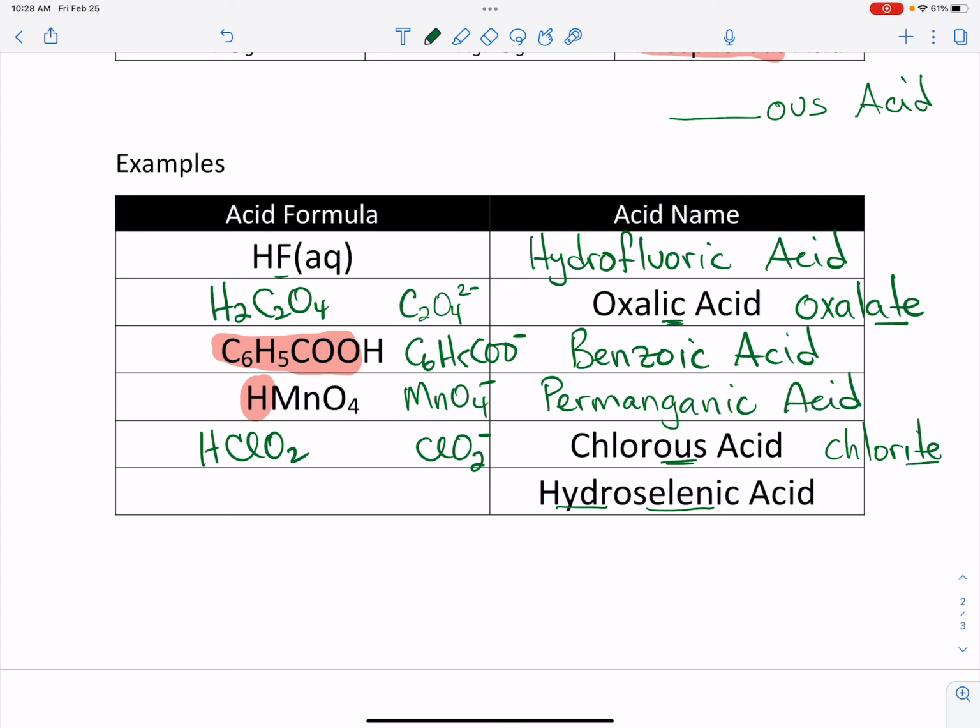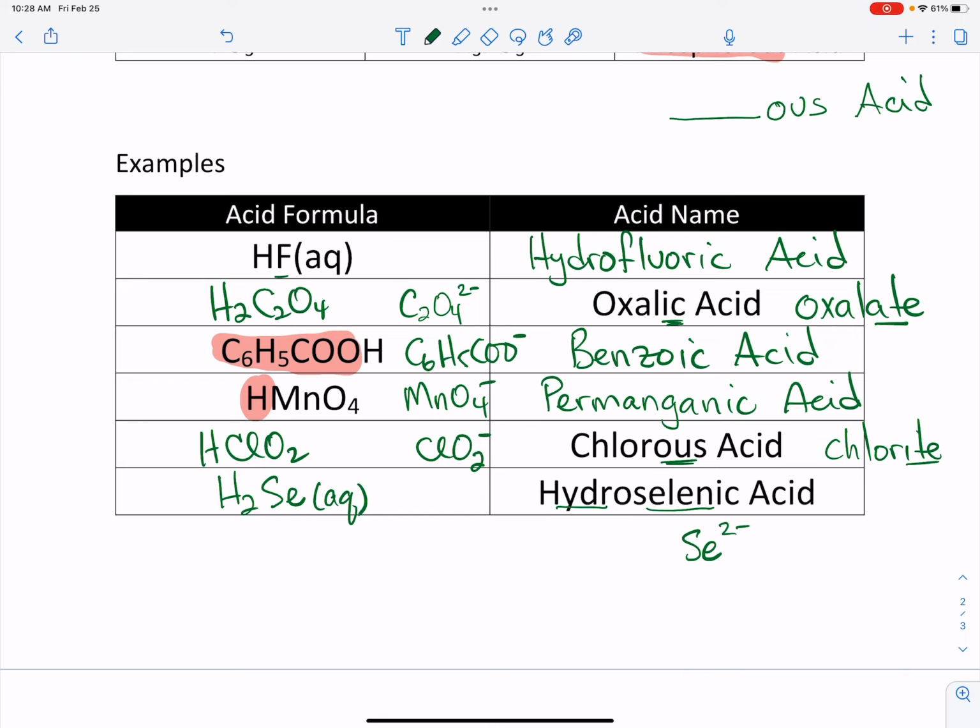I look up on my periodic table, because this is not a complex ion, Se is in the same family on the periodic table as oxygen and sulfur, so its charge will be 2-. If we have hydrogens attached to this, we'll put 2 of them and we'll get H2Se. So it's a binary acid. If it's a binary acid, we probably should write AQ, aqueous, beside it as well.